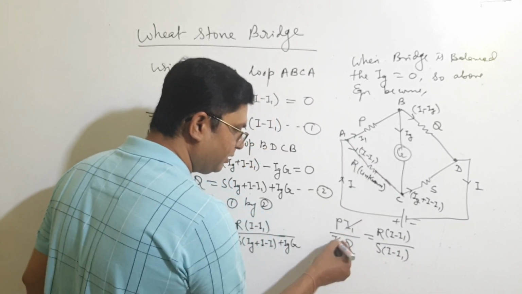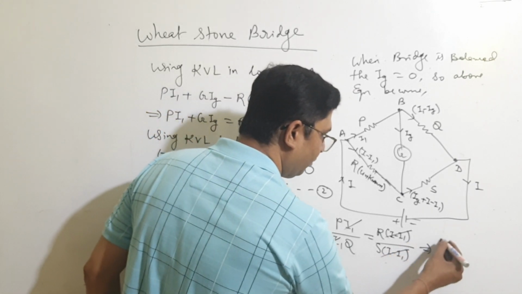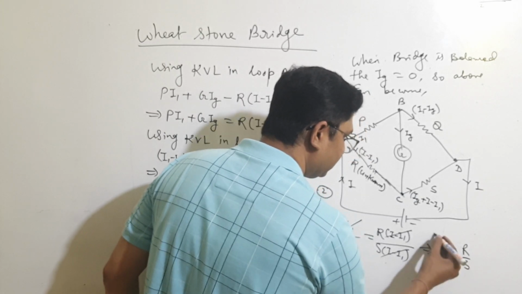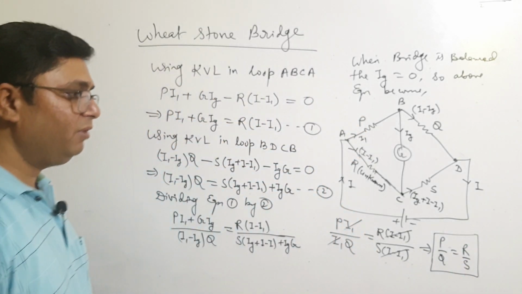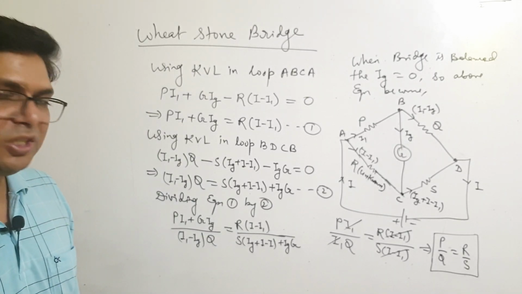We cancel these terms. What we get is P by Q equals R upon S. This is the equation obtained by Wheatstone, which is known as the Wheatstone bridge equation.